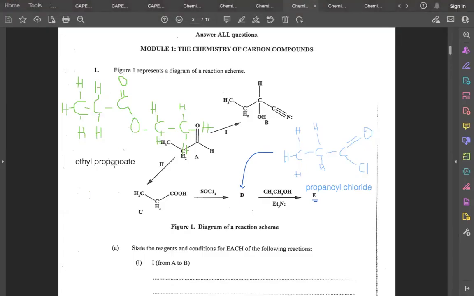All right, so it's ethyl propanoate because the first part of the name comes from the ethanol, so it's ethyl, and then the last part is from the propanoyl chloride portion, so that's ethyl propanoate. So that's correct.